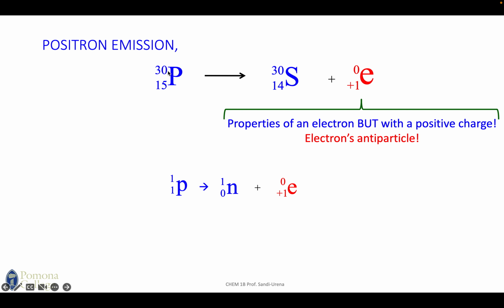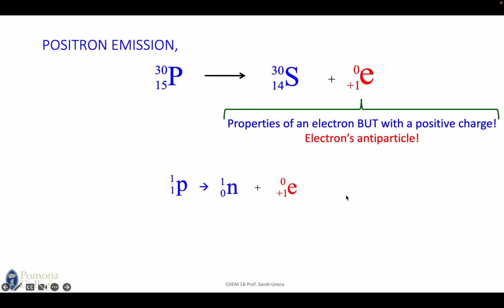Again, the atomic masses remain the same, 30 on the left, 30 on the right. And the atomic numbers remain the same, 15 on the left, 14 plus 1, 15 on the right. How does this happen? How is a positron emitted? It occurs when 1 proton is converted into 1 neutron and 1 positron.